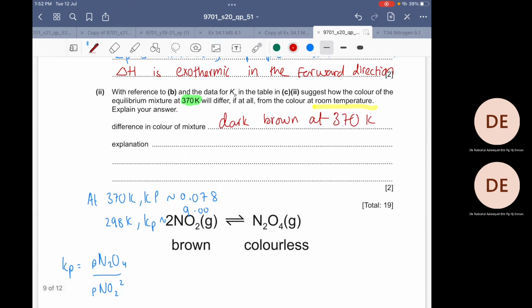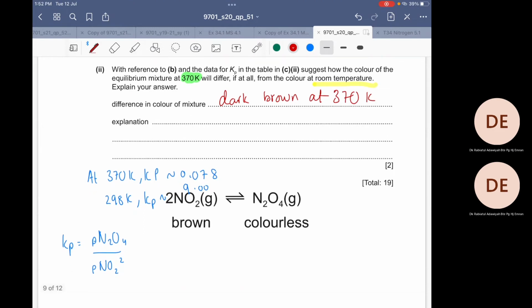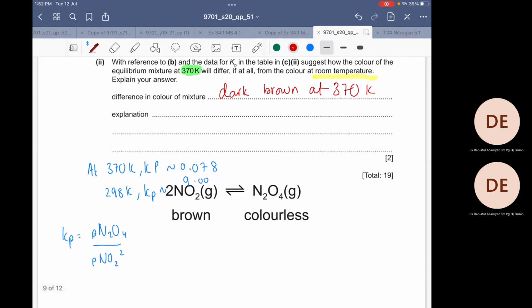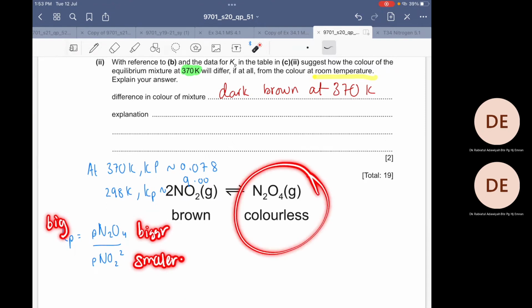Let's have a look at 298. At 298 Kelvin, you have a big Kp, which is around 9. So that means you have bigger product than reactants. You have more products than reactants, so it would appear colorless. Right? So that's why it appears dark brown at 370 Kelvin, colorless at room temperature.